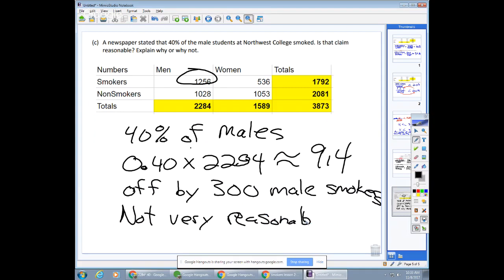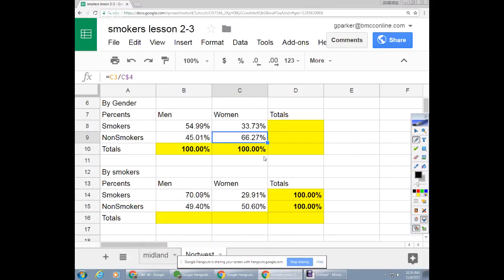What's the actual percent of men who smoke? So there we would have to divide these two numbers. 54.9, and I think I have that in my spreadsheet too. Let's see, yeah, right there. Out of men, 54.99% of men, so 55%.